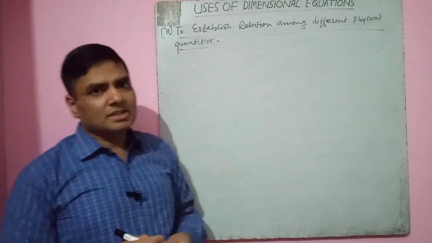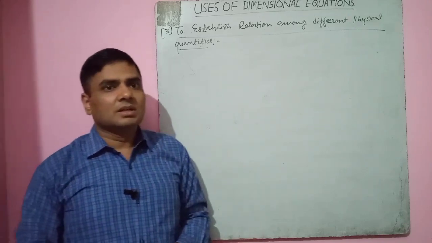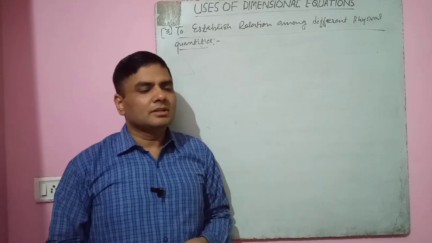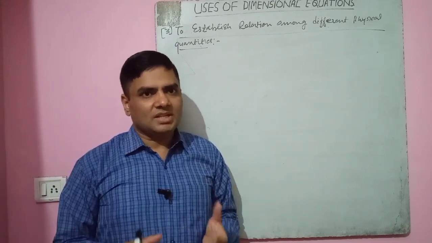This principle says that if we know how many other physical quantities a physical quantity depends on, then we can establish a relation among these physical quantities.